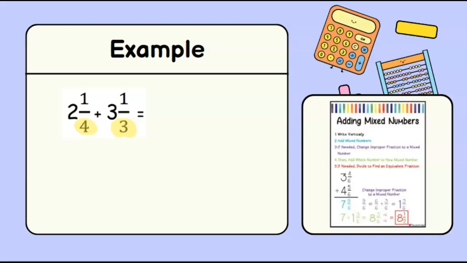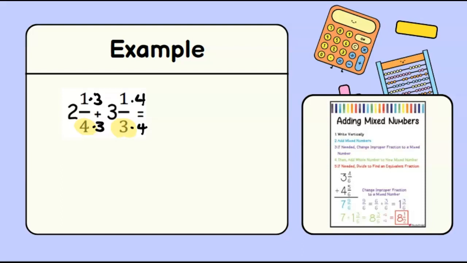That's what I prefer to do because it gets all the fraction work out of the way. So what I can do is multiply that 4 by a 3 and that 3 by the 4.